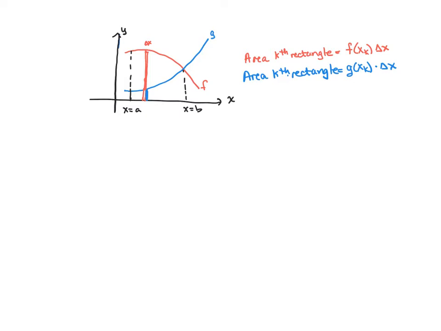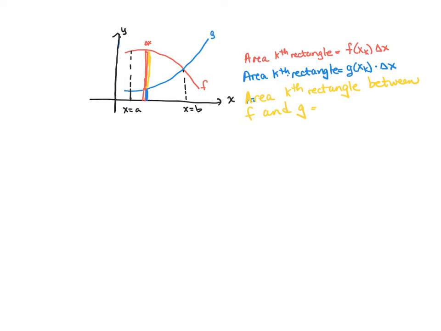So the area of the kth rectangle between f and g, this rectangle at the same x sub k, we would take f of x sub k and subtract g of x sub k and multiply it by delta x.